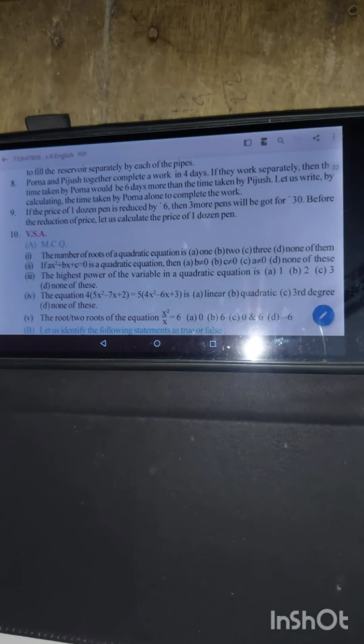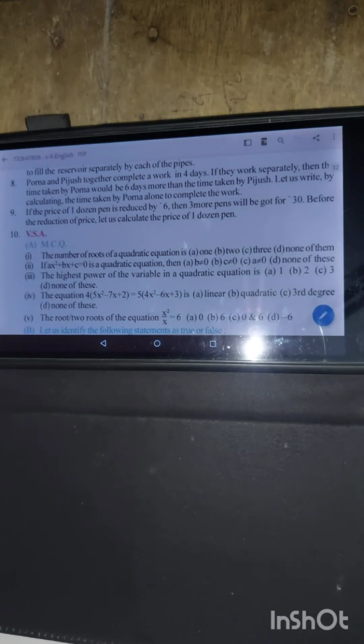The price of 1 dozen pens is reduced by rupees 6.